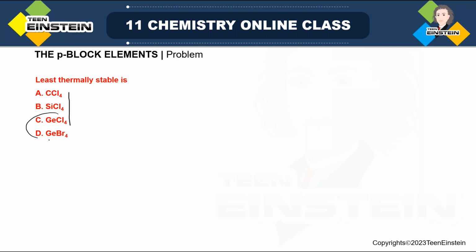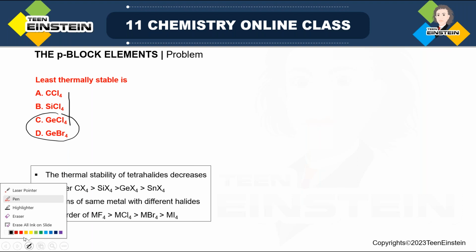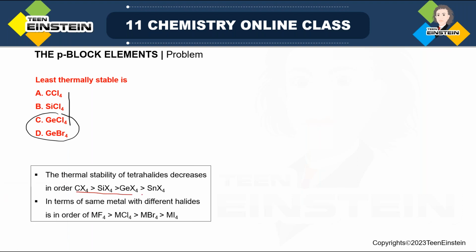Now you can compare these two. When you have fixed the central element, Ge is the central element, you are changing the halogen. Now when the halogen size is increased, stability is decreased. So considering all these, GeBr4 should be the least stable. So see, thermal stability of tetrahalides, we know this is the order, there is smooth decrease down the group.